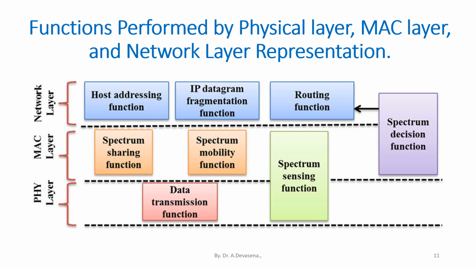The spectrum sensing function is also done by the physical layer, and the network layer's functions are the host addressing function, IP datagram fragmentation function and the routing function. The spectrum decision function is done by the network layer as well as the MAC layer. This is indicated in this diagram.